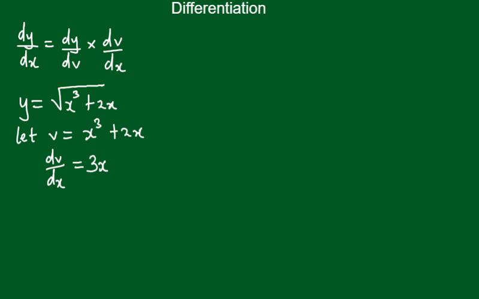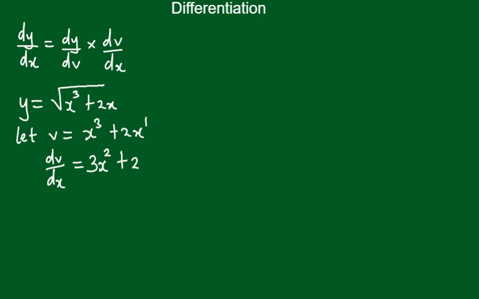You subtract 1 from 3, becomes 2, plus 2, bring down the power is 1. You bring it down, it's still 2, and you subtract 1 from 1, that's 0. So x to the power of 0 becomes 1. So dv dx is just 3x squared plus 2.